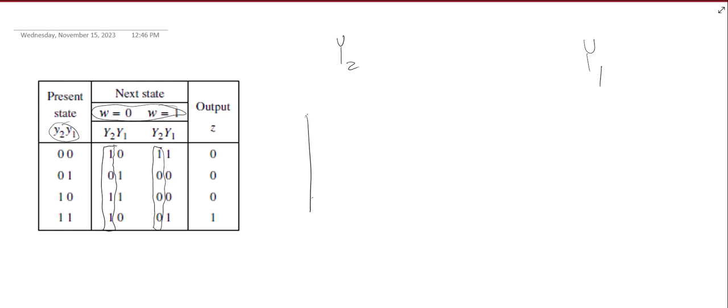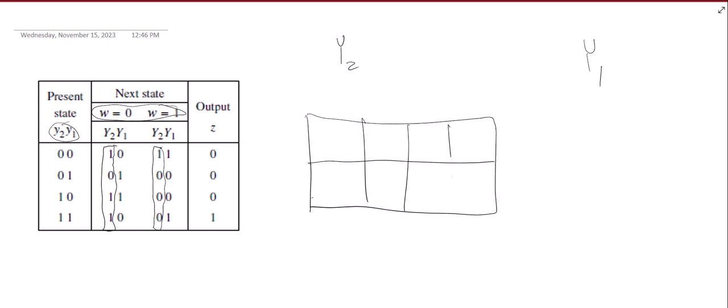So my Karnaugh map will have lowercase y2, y1, and W. W can be 0 or 1, and y2, y1 can be 0, 0, 0, 1, 1, 1, 1, 0.